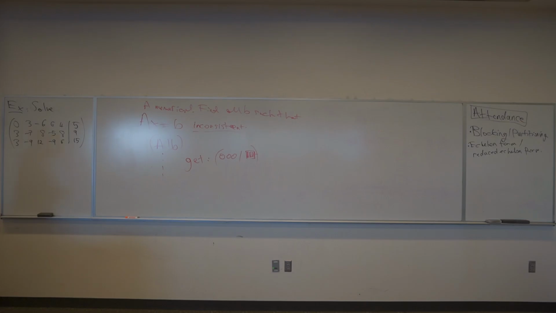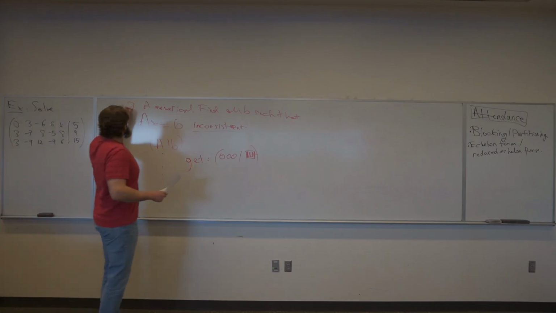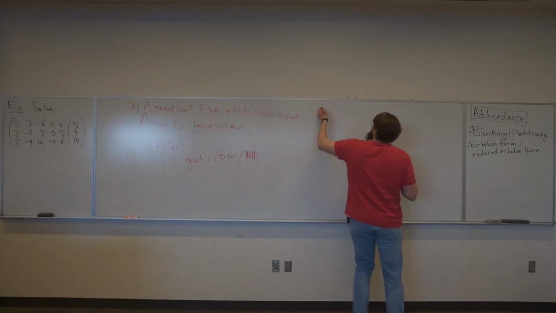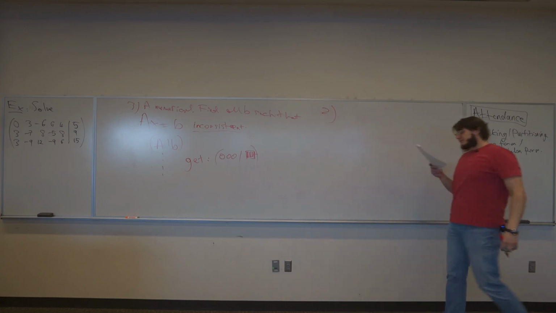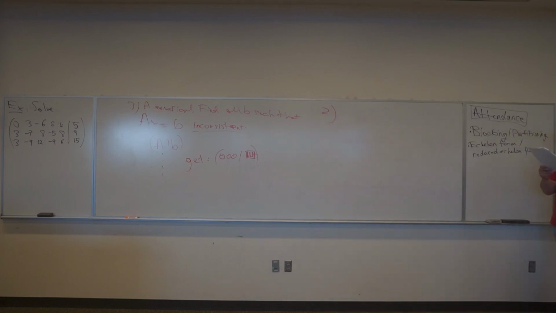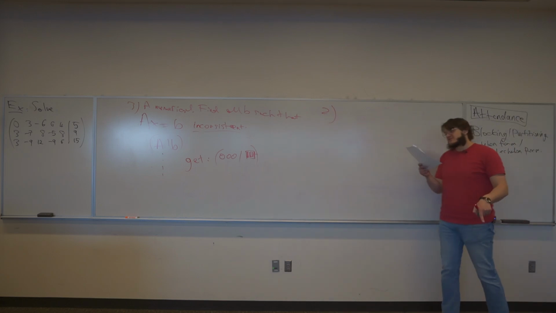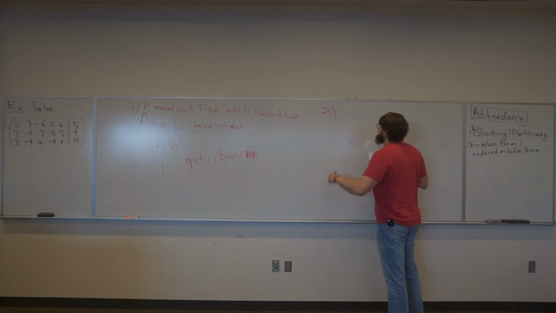Okay. Yeah, for instance, this was problem 3. Problem 2: suppose A, B, C, and D are constants such that the system below is consistent for all possible values of f and g.